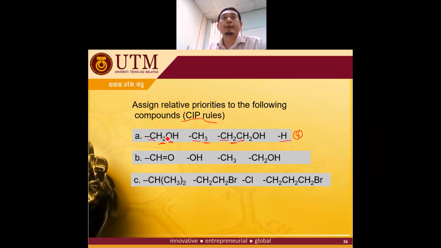Obviously this oxygen group gets number 1, the carbon group gets number 2, and the methyl group gets number 3. Easy, right? If easy, you can try B and C. I give you 5 minutes.